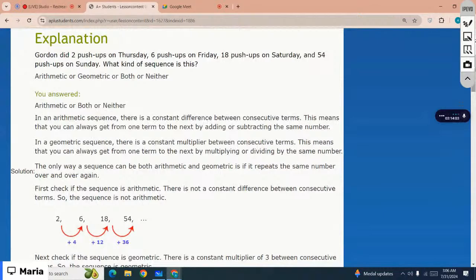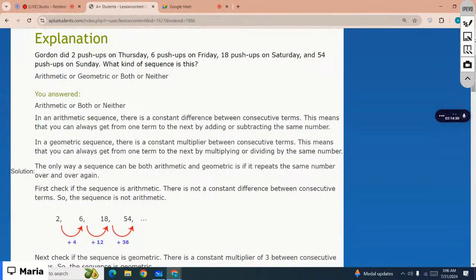In an arithmetic sequence, there is a constant difference between consecutive terms. This means that you can always get from one term to the next by adding or subtracting the same number. So if you have to add or subtract to get the next term, that means it is an arithmetic sequence.